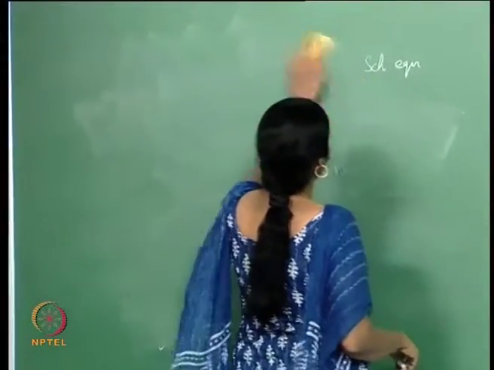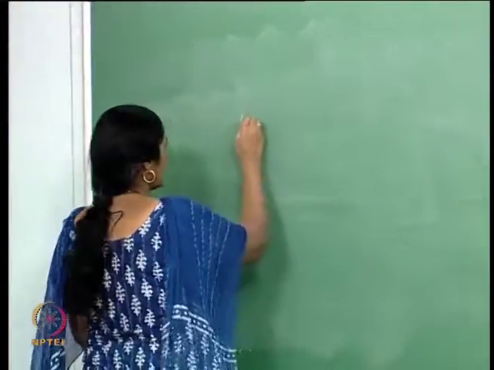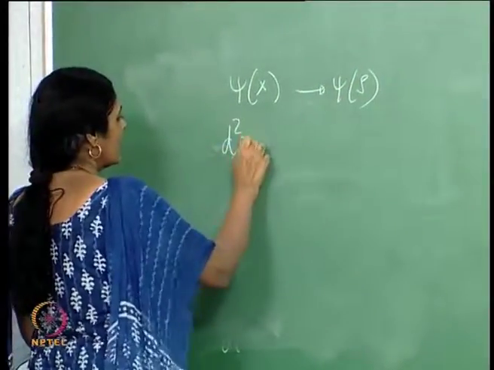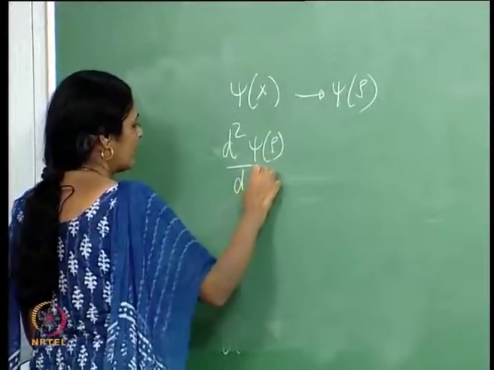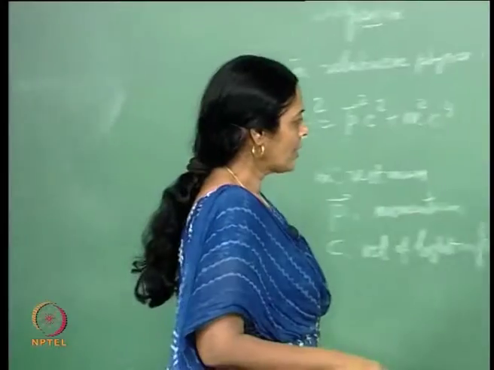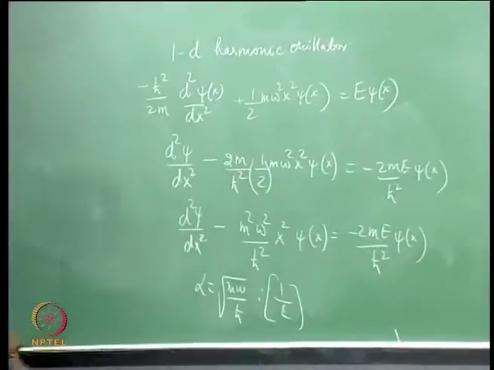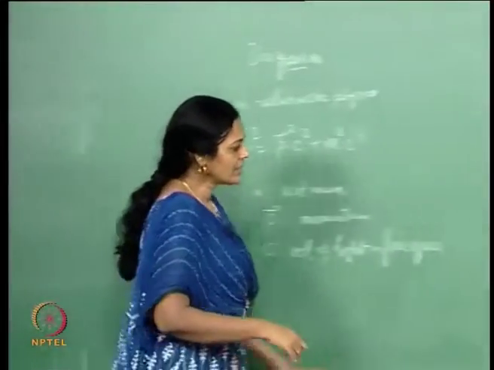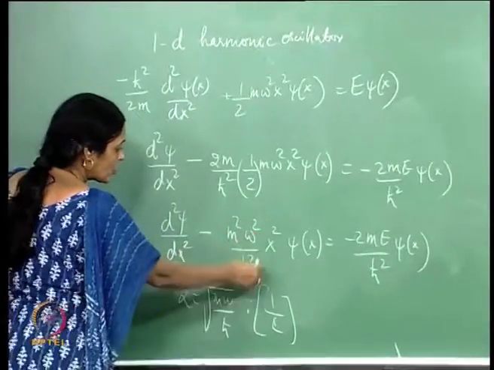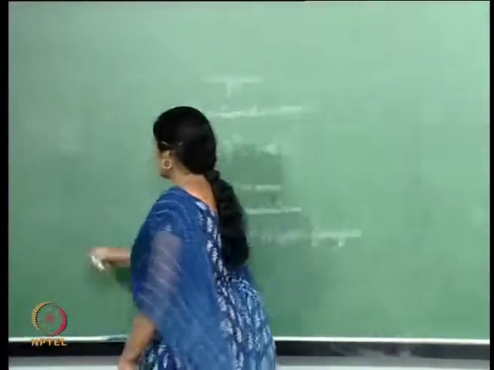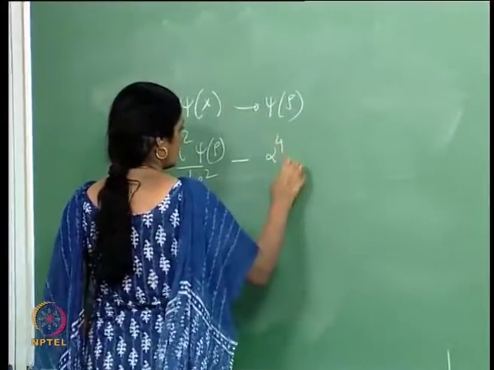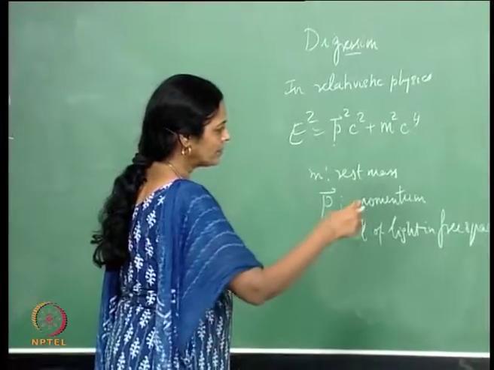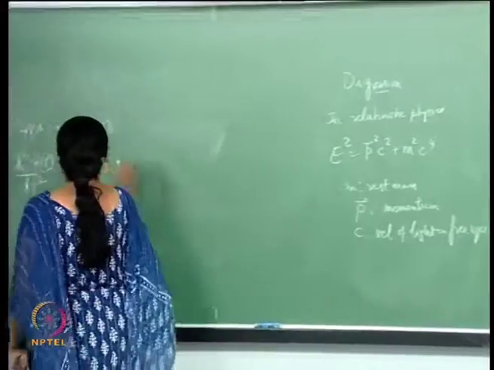We now have therefore psi of x has now become psi of rho, and we have d2 psi of rho by d rho squared. That is the first term, but then there is an alpha squared multiplying it, minus the second term. This is an alpha to the 4 x squared; keep it as x squared, we will take care of this later, psi of x which becomes psi of rho.